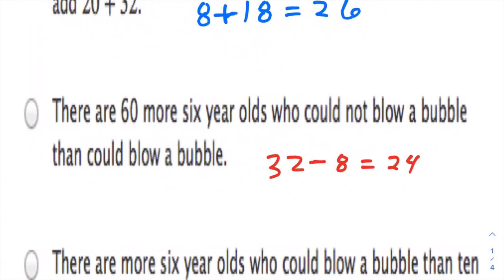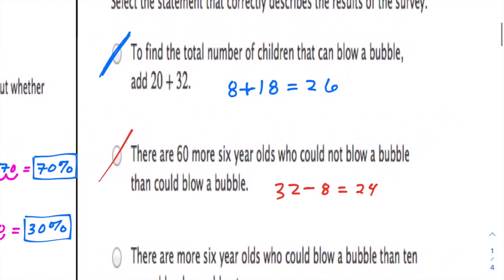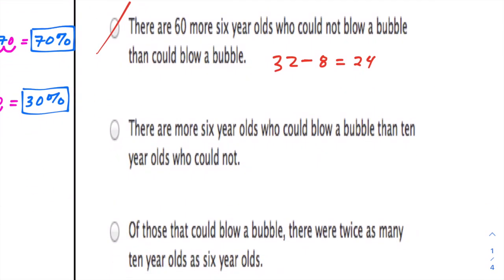So if I subtracted those, is there really 60 more of the 6-year-olds who could not blow one than ones that can blow a bubble? Nope, that doesn't seem to work out real well. So nope, cannot be that one.